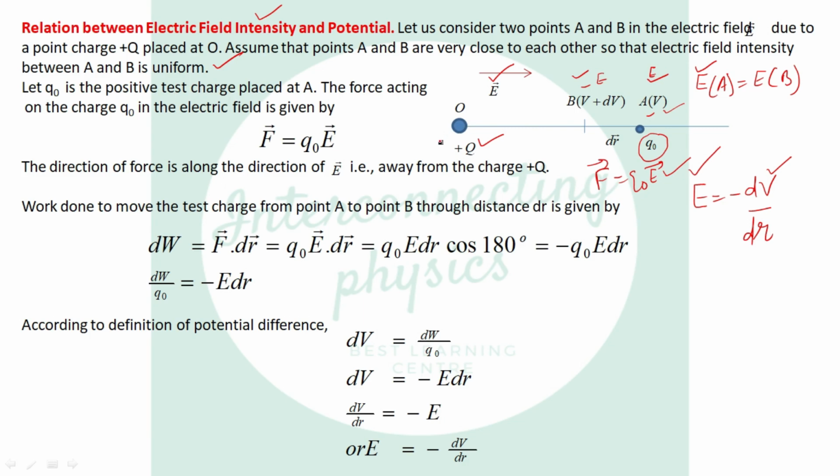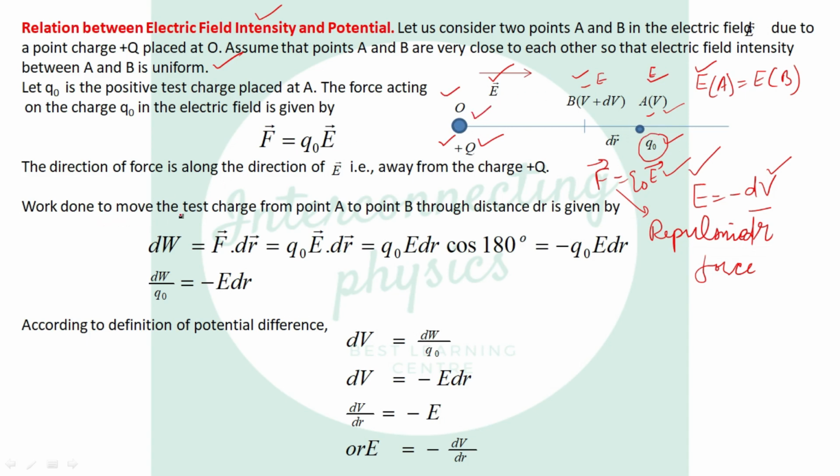You see, this source charge is positive and this test charge is positive. If both are positive, this electrostatic force will be a repulsive force. Due to this repulsion, this charge q naught will move away from this source charge. But what we have to do here is bring this test charge close to the source charge.